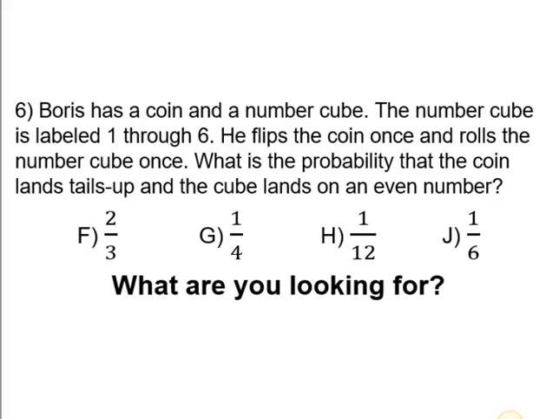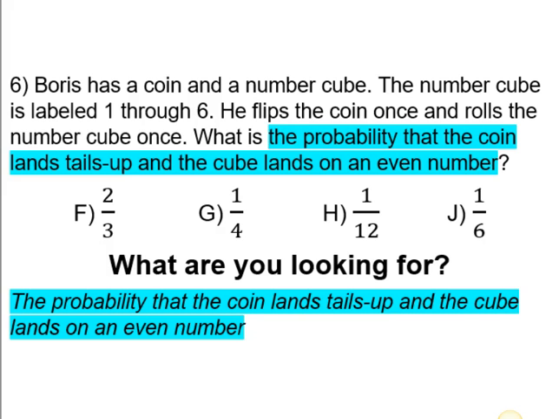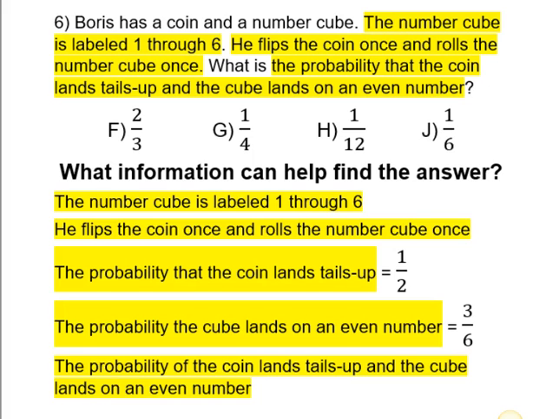What are we looking for? We are looking for the probability that the coin lands tails up and the cube lands on an even number. What information can help us find the answer?